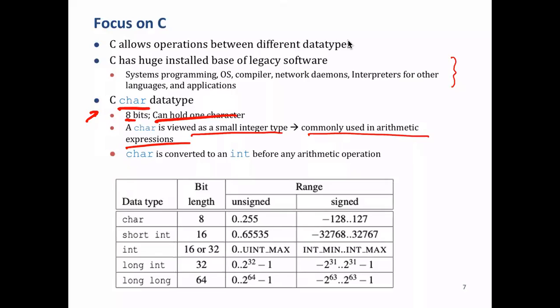It's not done at runtime; it's done at compile time if the language is a compiled language like C. In this table we can see different integer data types. Char is of 8-bit length, and it can be signed or unsigned: 0 to 255 or minus 128 to 127. Then you can see the range for short integer, long and so on.